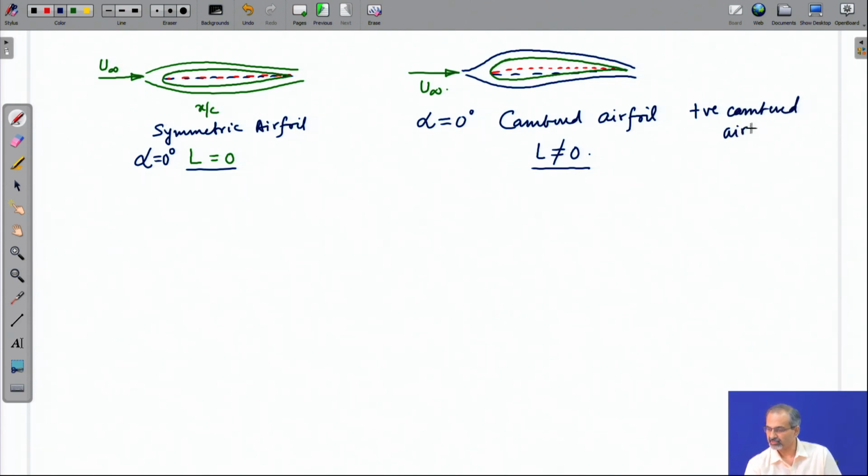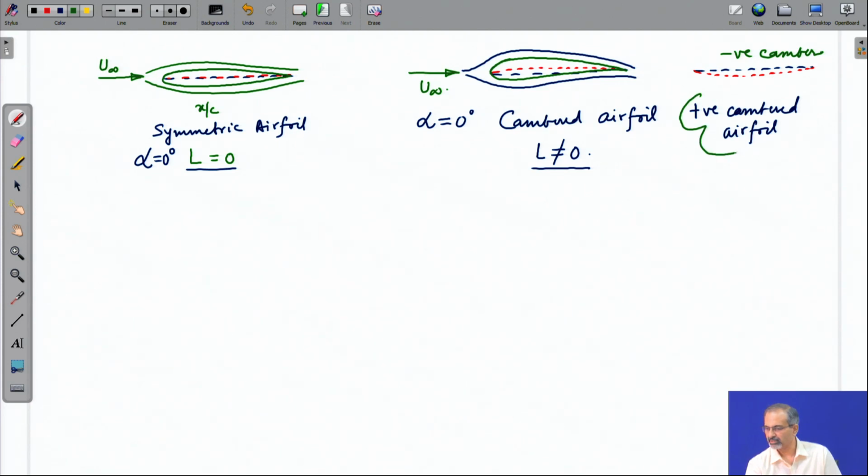What we mean by a positive cambered airfoil is that the camber line is above the chord line. If incidentally the camber line was below the chord line, that would have led to a negative camber. For example, if this is a chord line and the camber line has moved below, this is an example of negative camber.